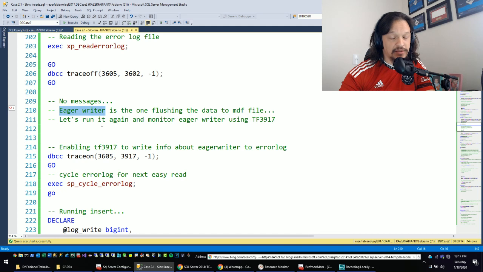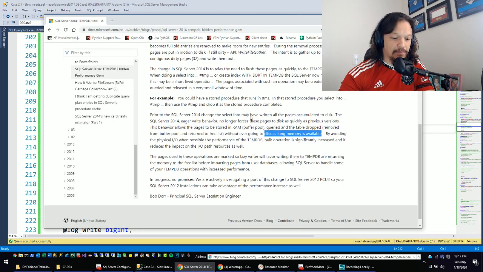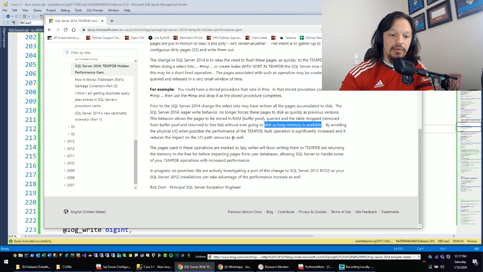It's not a new feature, but it's a feature that is used when you're writing pages from a bulk logged operation or a minimally logged operation, which are mostly bulk logged as well. If you want to read more about it, Bob Dorr blogged about it.